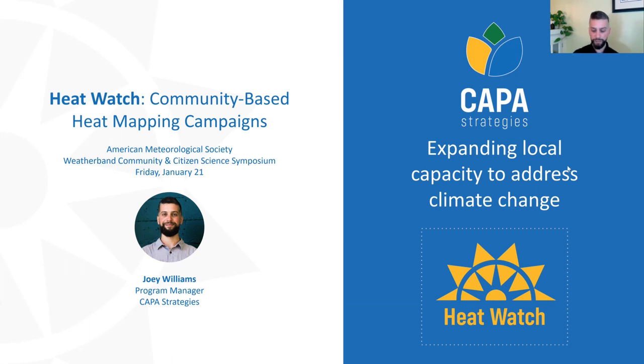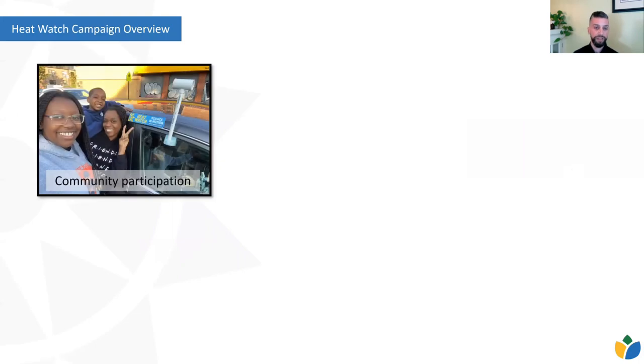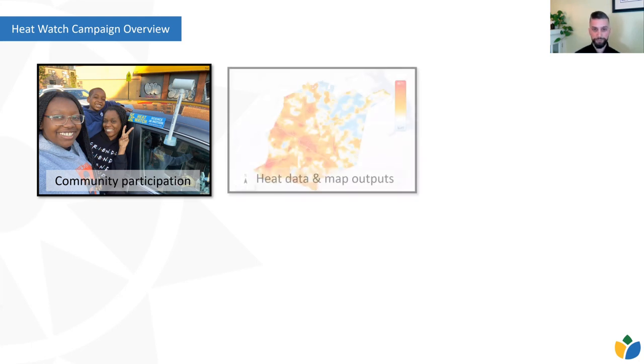So to give you an idea of the what I'll be talking about today, we're really focused around community participation in our Heat Watch program. We have been able to conduct these heat mapping exercises in dozens of communities around the US, thanks in large part to our community participants, folks who go out and dedicate their time and energy with an interest to do good for their community by bringing to light some really valuable information in terms of climate risk and extreme heat.